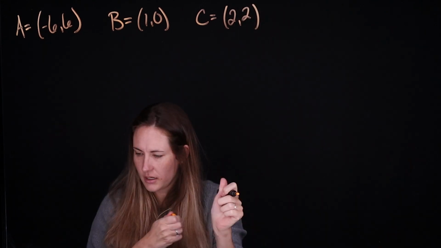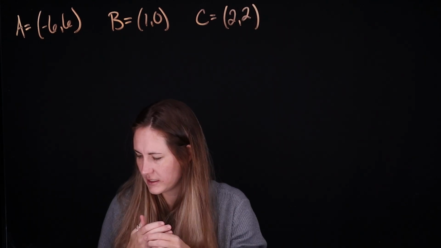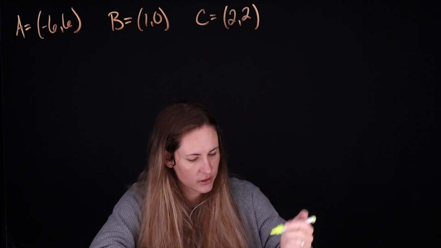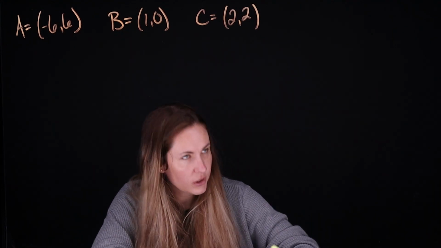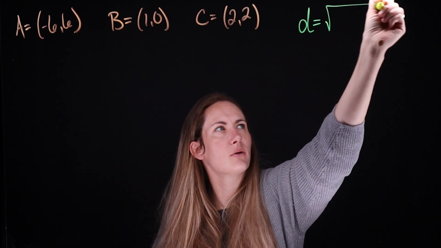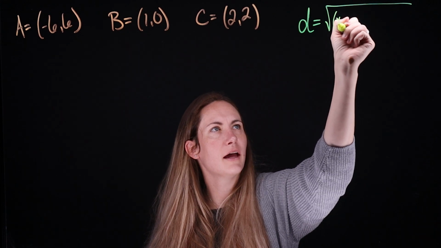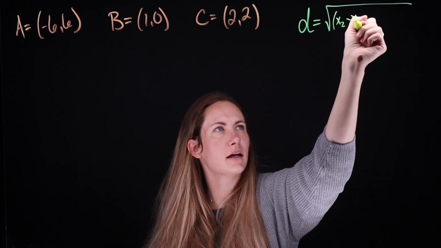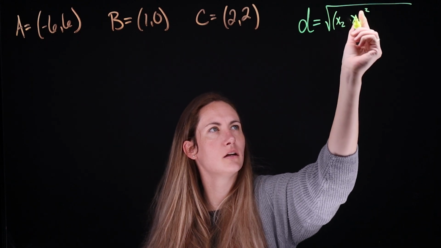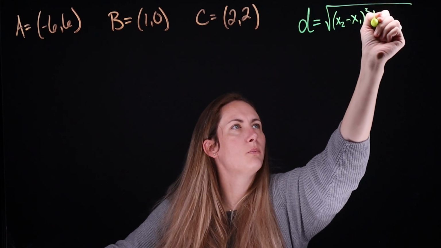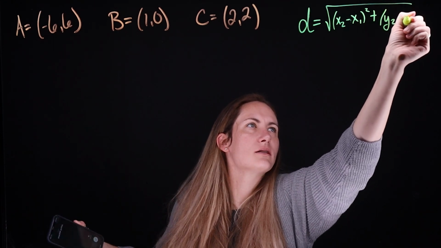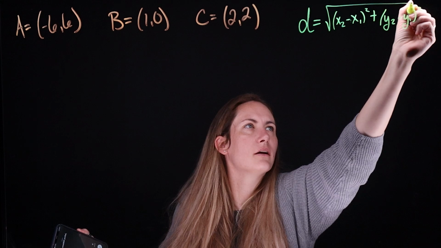Now I'm going to go ahead and give us our distance formula before I get too far into this, just for easy viewing. So distance equals the square root of x2 subtract x1 squared plus y2 minus y1 squared.